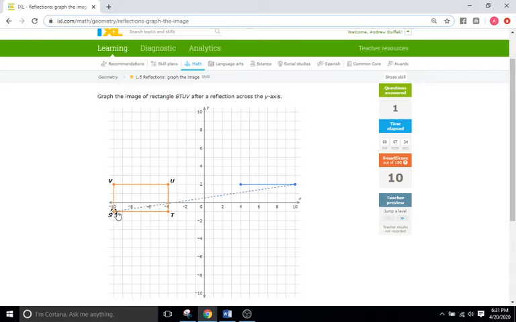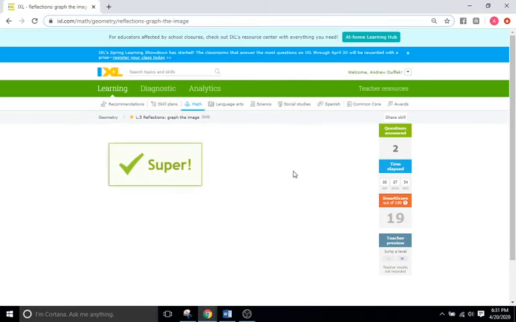S is at negative 10, so that means S prime is going to be 10 after 0, so positive 10. And then T is at negative 4, which is 4 units away from 0, right? There's 4 units between here and there. And so we're just going to go 4 away in the positive direction, and bam, that is it. Okay, submit.